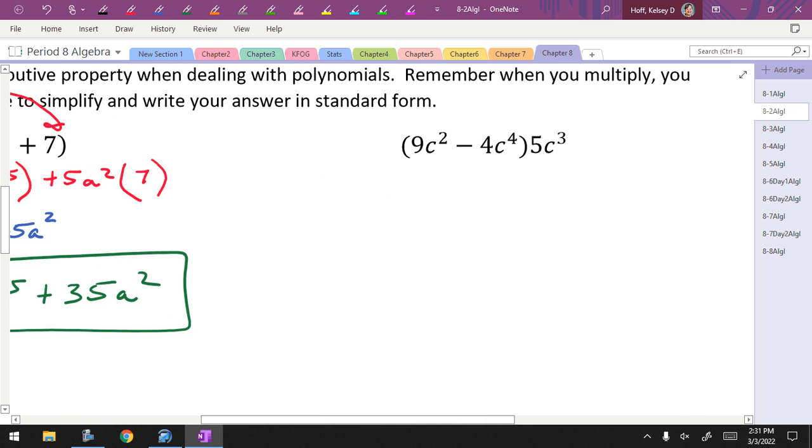What'd they do here? They flipped it around. What am I distributing? 5c cubed. Positive or negative? Positive. Distribute this and see what you get. Distribute that 5c cubed to both terms inside.